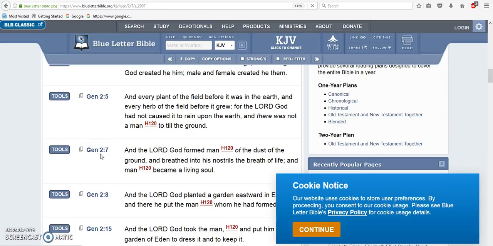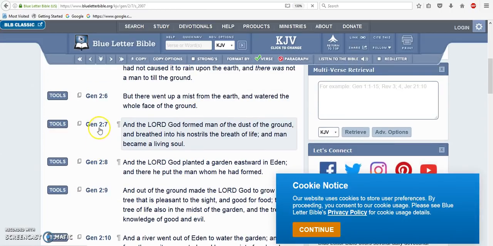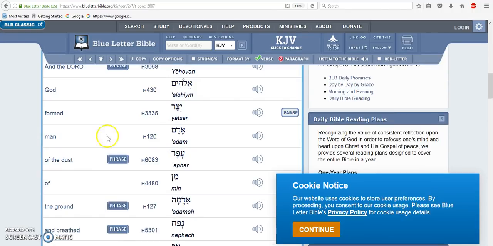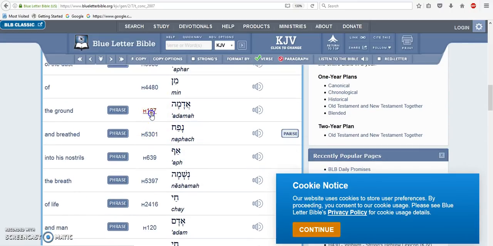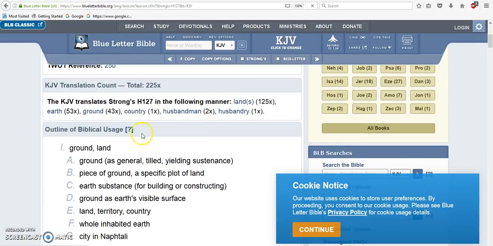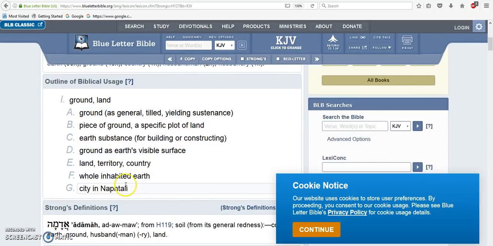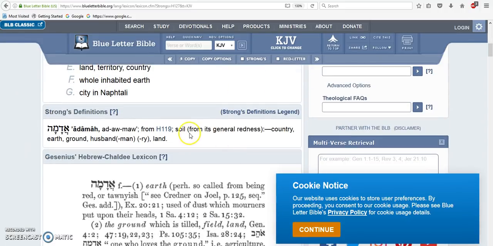So Adam is connected with the number 27 or 127, and the Strong's number for Adam actually spans from the number 120 through 127. It actually goes through to about 128, even a little bit beyond that, but the meaning starts to change a little bit. But you see that 127 means ground or land, and it also refers to the color red.